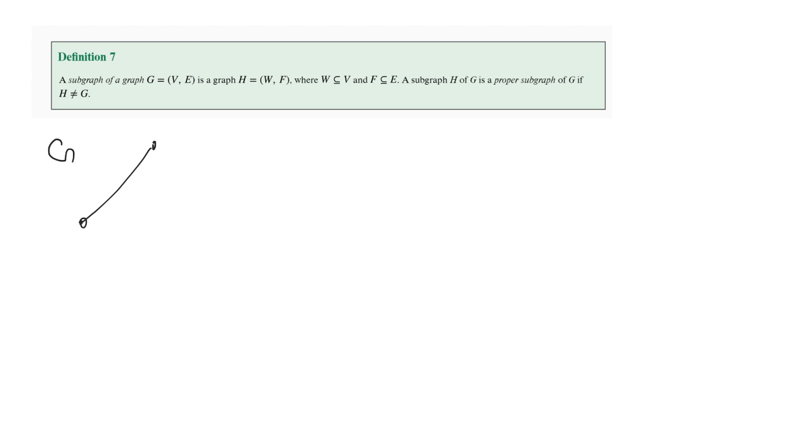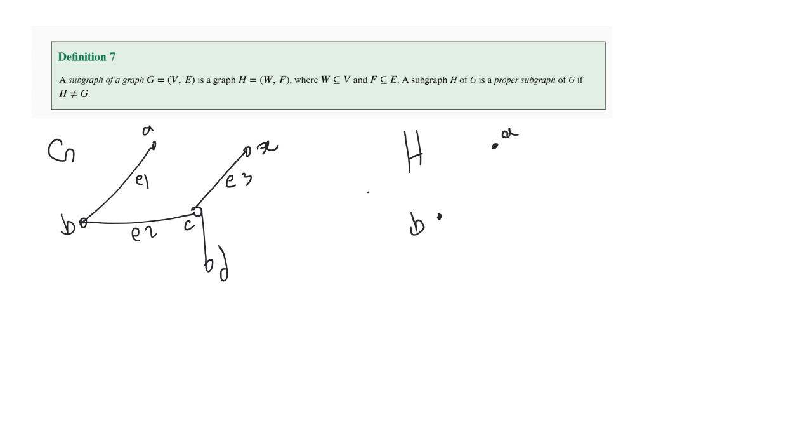So for instance, if G is this graph and H could be the graph which, so let's give names to these. Then for H, you just remove some vertices and edges. So for instance, it can have some vertex here, some B and E2.